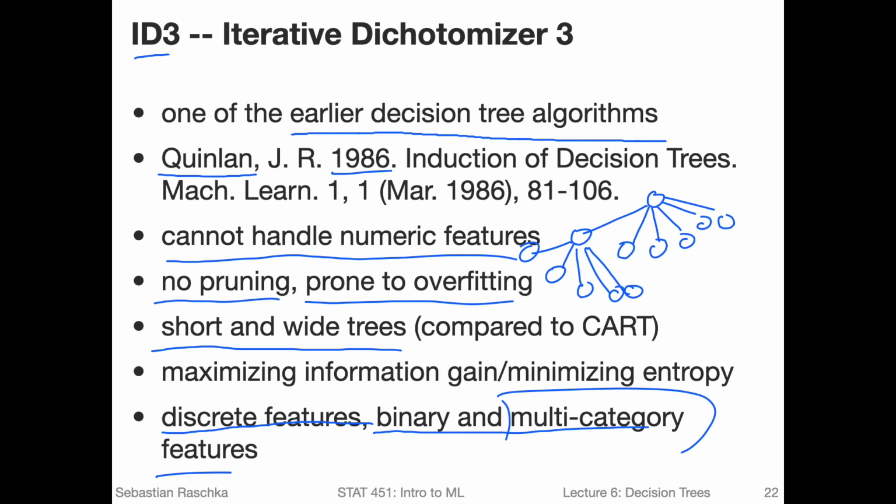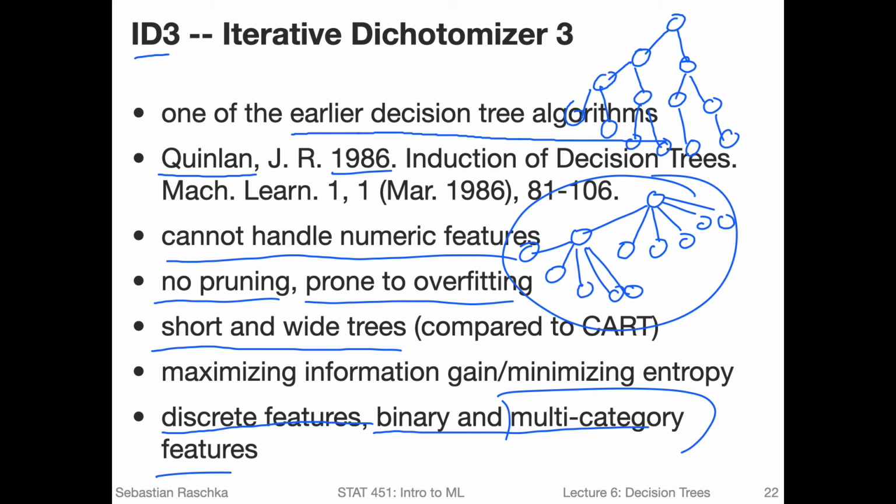If you only have binary splits in comparison, you would more likely end up with long and narrow trees because you can only have 2 nodes, right? So you would have these deep and narrow trees, whereas with multi-category splits you have these short and wide trees. I'm not saying short and wide trees are bad, it's just that in comparison to other binary algorithms, it's producing short and wide trees.